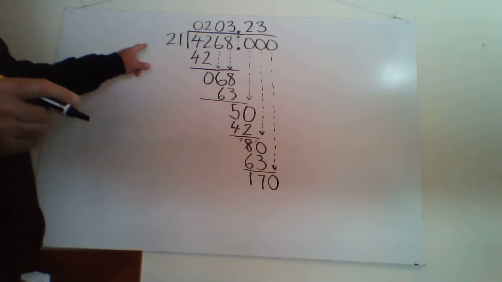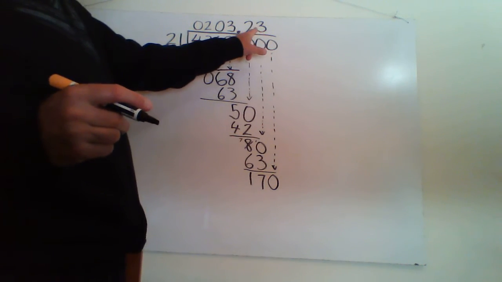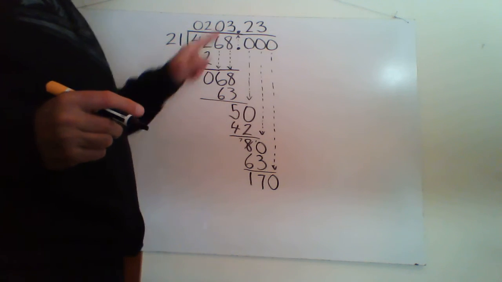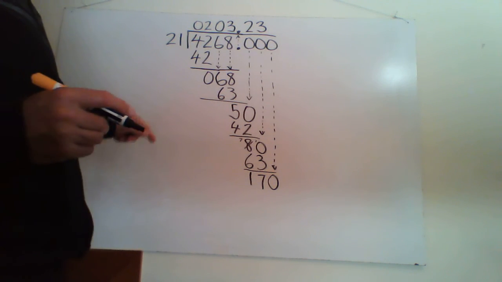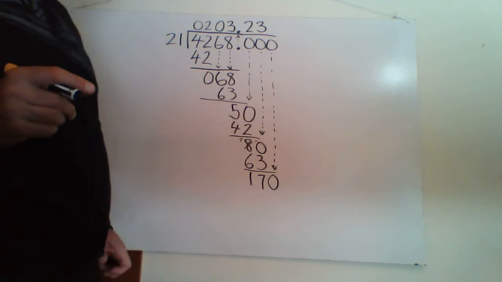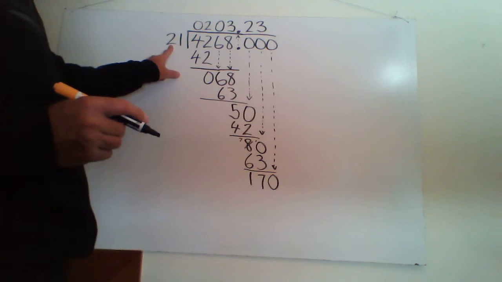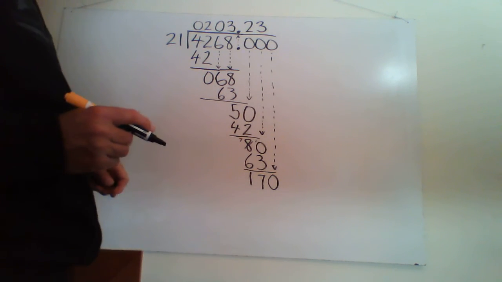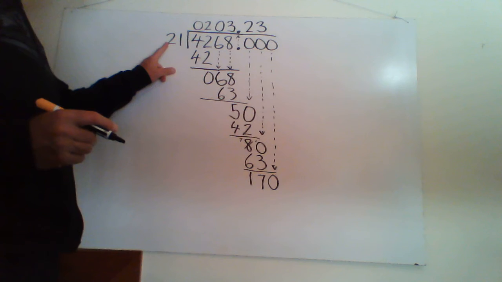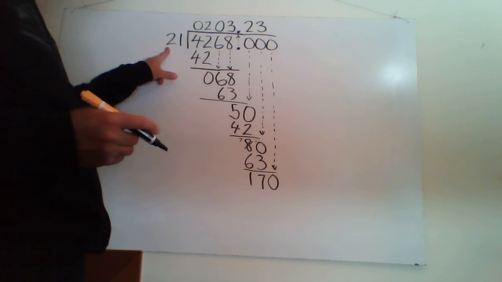117. So now at this point, I'm going to round because I want to keep it at 2 digits in my decimal, but I don't know if I'm going to round up or down. So this is going to be the deciding factor on my rounding. 21 goes into 170. Well, let's see. I know that 20 times 5 is 100.